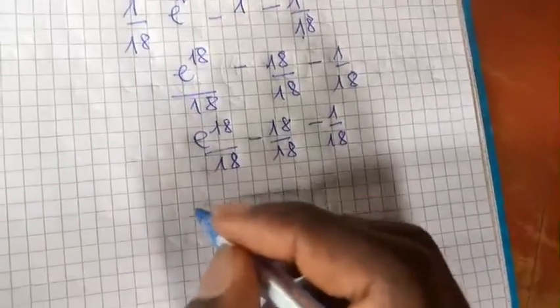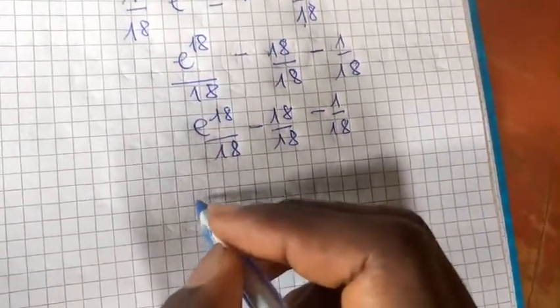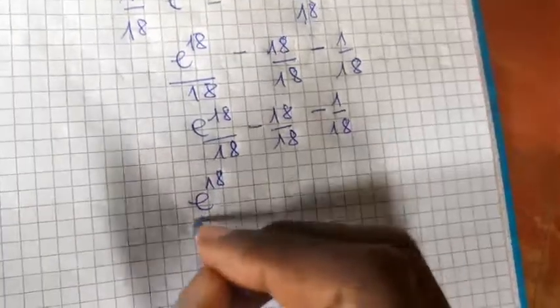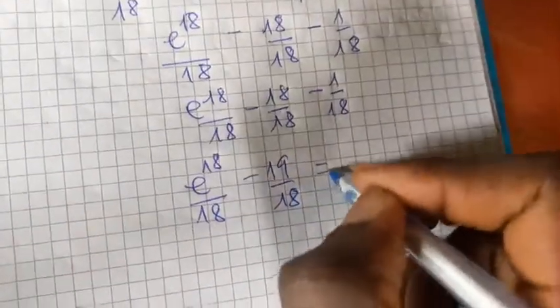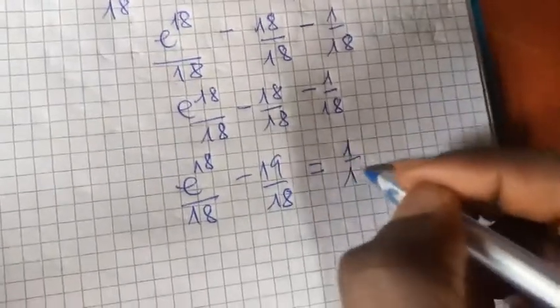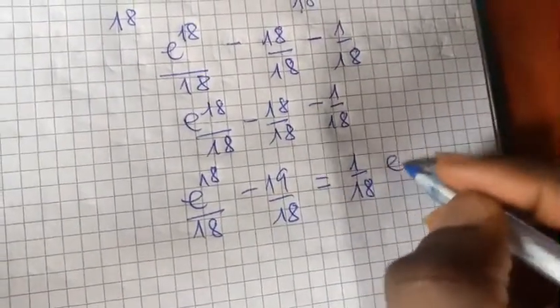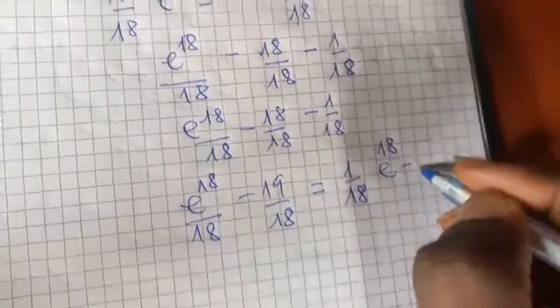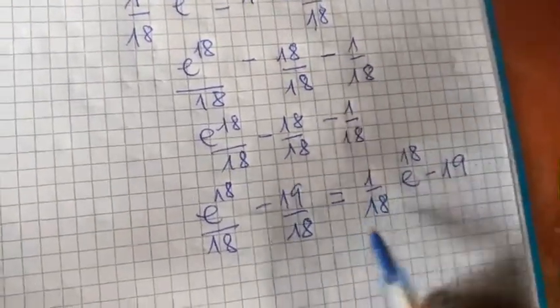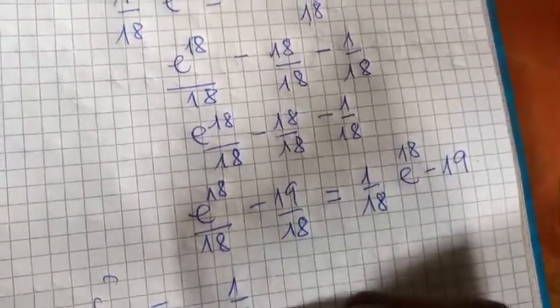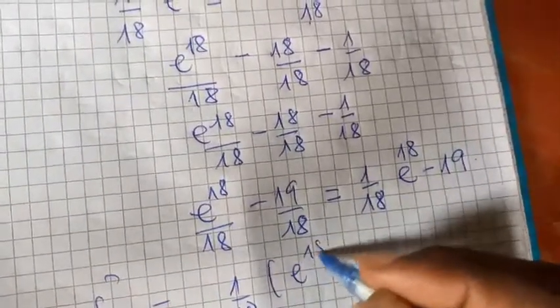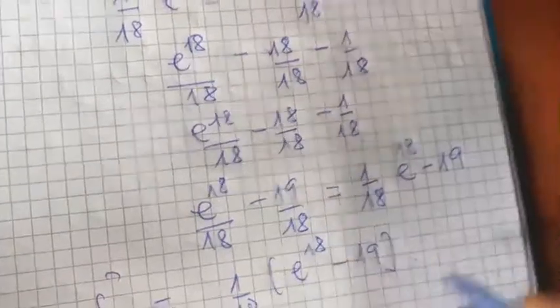Then this will be equal to e power 18 over 18 minus 19 over 18. This will be equal to 1 over 18 (e power 18 minus 19). So the solution is equal to 1 over 18 bracket e power 18 minus 19.